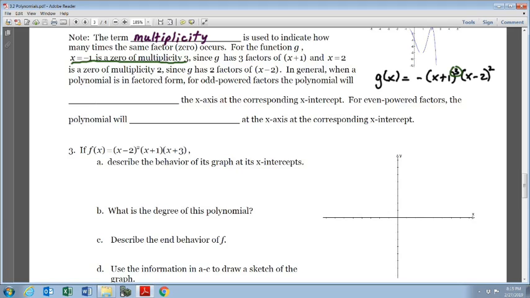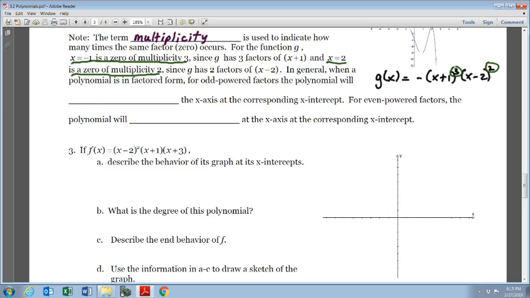Since g has 3 factors of x plus 1, in other words, x plus 1 times x plus 1 times x plus 1, that's what the exponent indicates there. For x equals 2, x equals 2 is a 0 of multiplicity 2. Notice here you have 2 factors of x minus 2, or an even exponent on x minus 2.